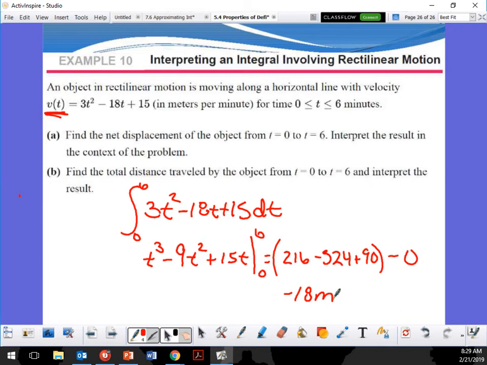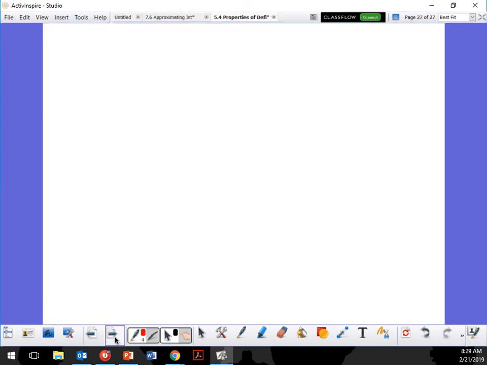Okay, so the next one says, find the total distance traveled from 0 to 6 and interpret the result. So it's going to be 0 to 6 of the absolute value of 3t squared minus 18t plus 15, and that's going to be dt.